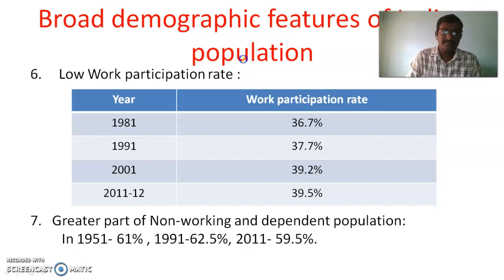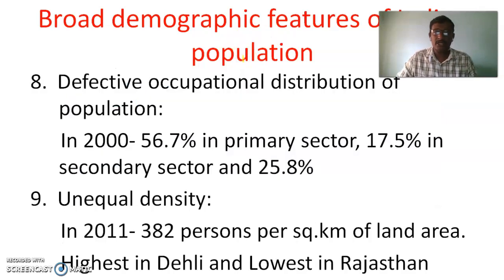As far as the defective occupational distribution of population is concerned, it is not in a good position. In 2000, 56.7% of the population was involved in the primary sector. Primary sector here means agriculture, animal husbandry, poultry farming, sericulture, horticulture, like that.